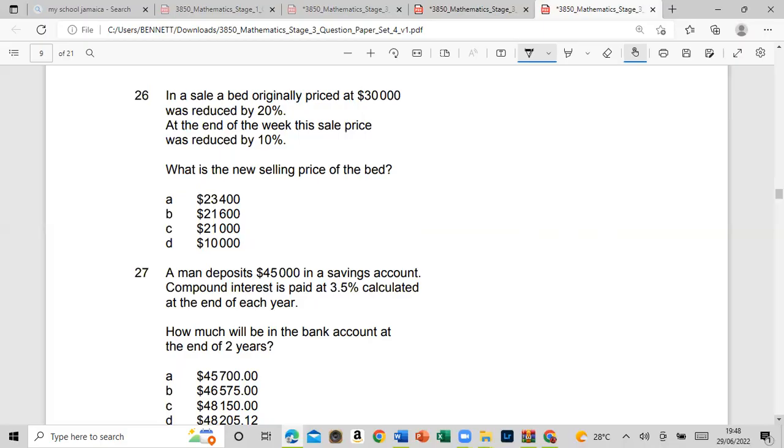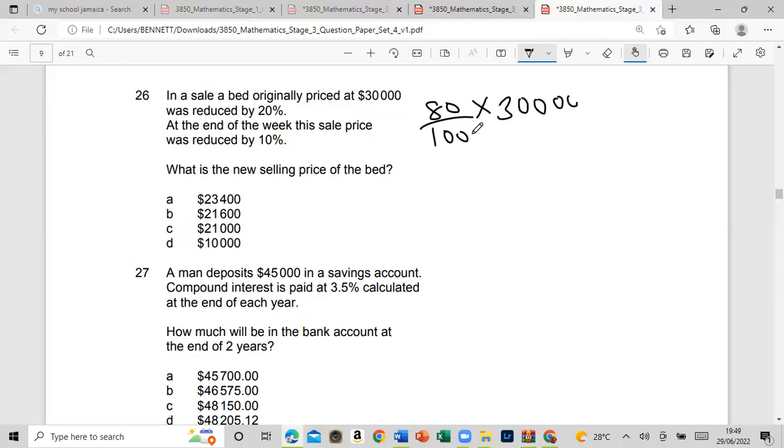At the end of the week, the sale price was reduced by 10%. Okay. So we are going to reduce it. So that's 80%. It's reduced by 20%, right? Let's go straight into it. All right, so 80% is 24, right? So the new value is 24,000.